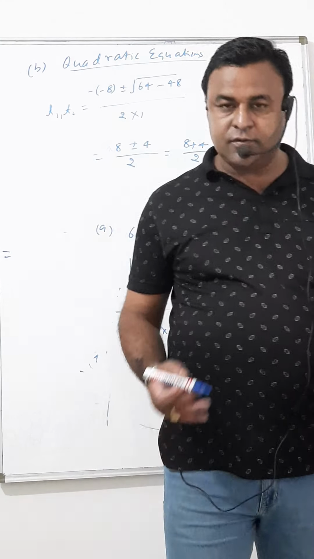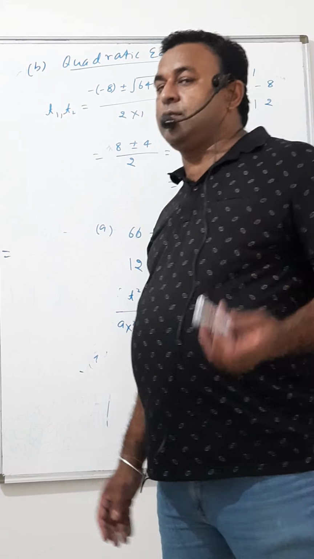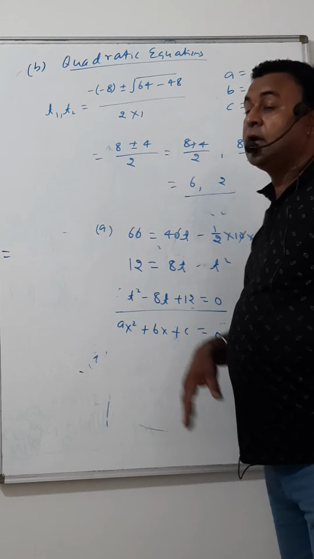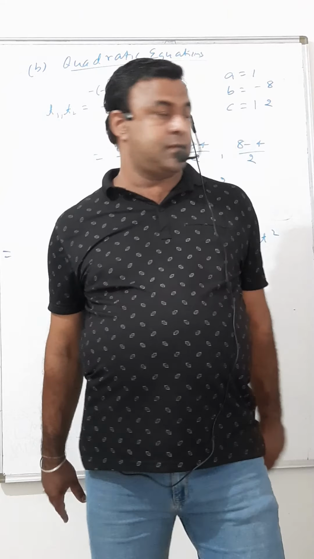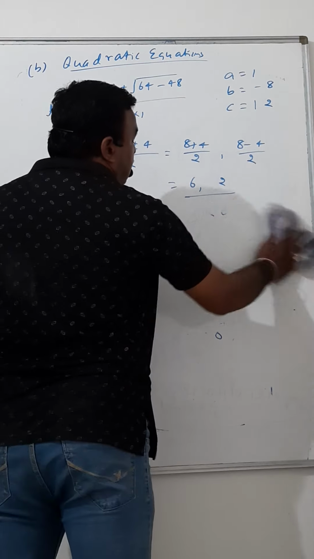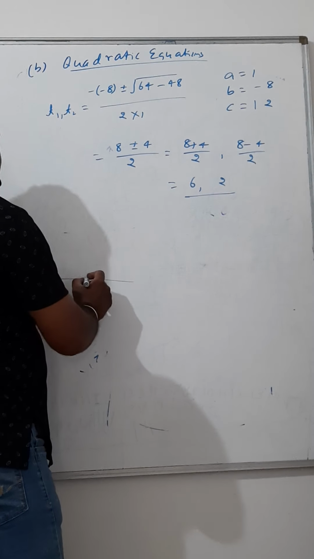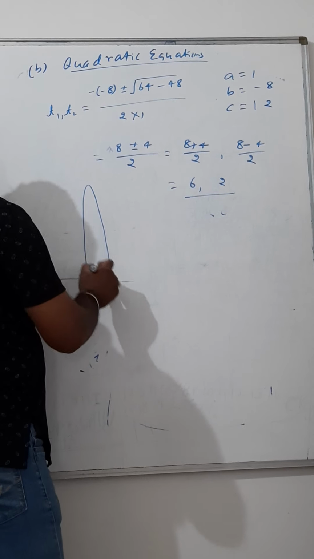Both are positive values, and time can have both values. Wait, I'll explain what the two answers mean. Now in physics, let us first understand this. That means there must be something in this problem. I interpret this: it moves up and comes down.